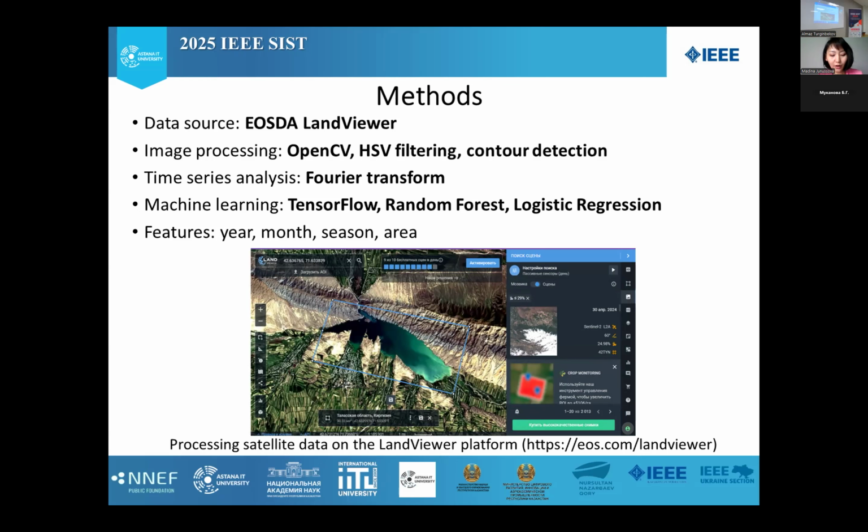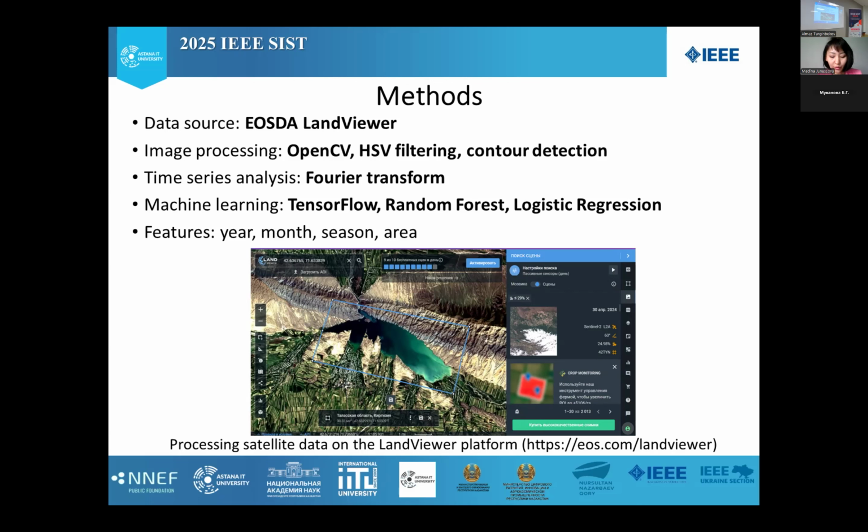However, in our study, we chose the Landviewer platform as it offers an intuitive interface that allows for efficient searching and filtering of images based on specified criteria.